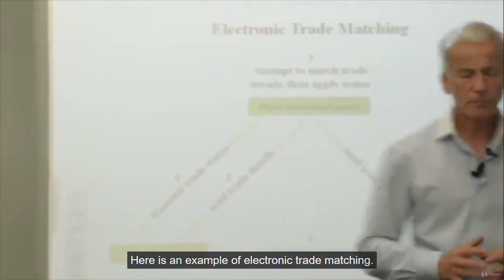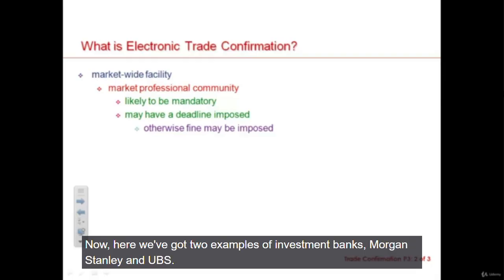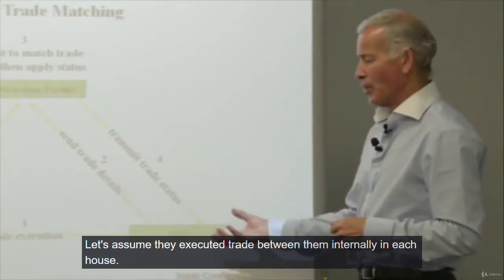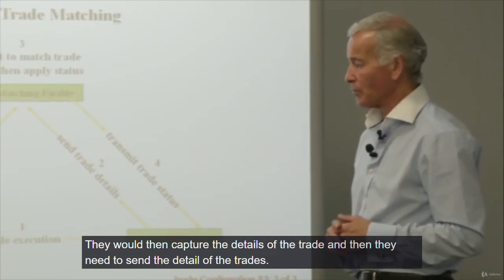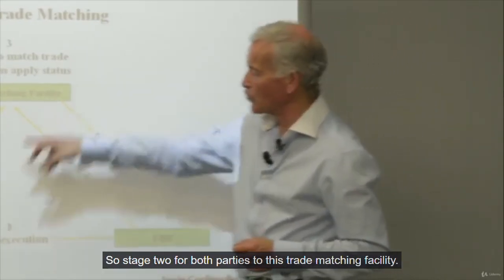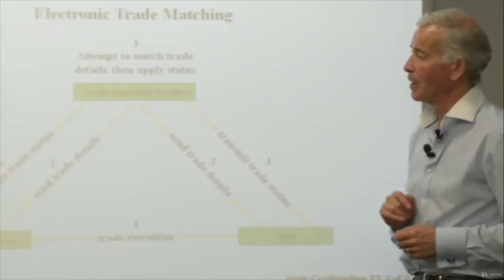So let's assume that to be the case. Here is an example of electronic trade matching. Now here we've got two examples of investment banks, Morgan Stanley and UBS. Let's assume they execute a trade between them. Internally, in each house, they would then capture the details of the trade, and then they need to send the detail of the trade, so at stage 2 for both parties, to this trade matching facility.